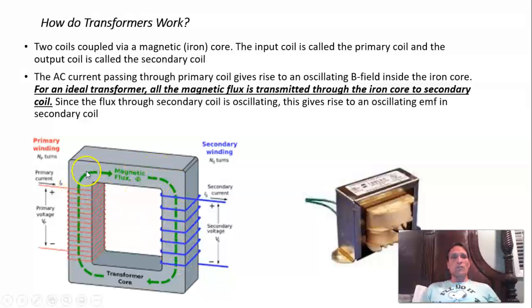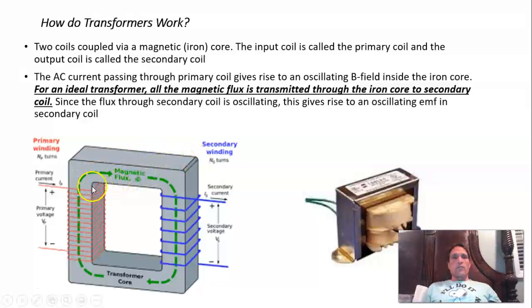So in other words, we don't want to lose any of this flux. We want to make sure that the field lines all get curved and transmitted, and so they go through this secondary coil. And that's the reason that you have it wrapped around this iron core, is to sort of trap the flux inside the core.